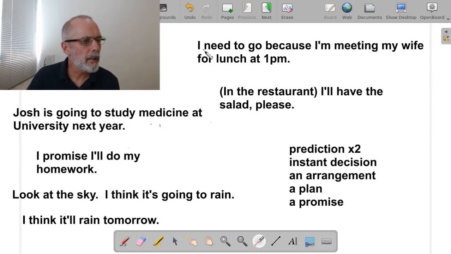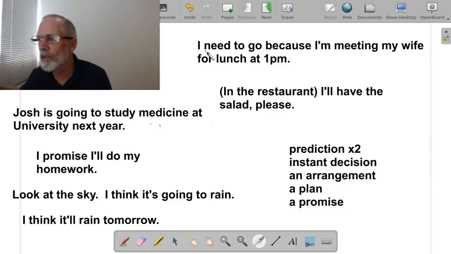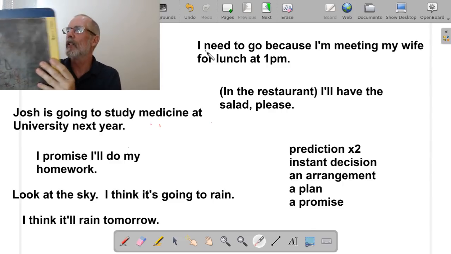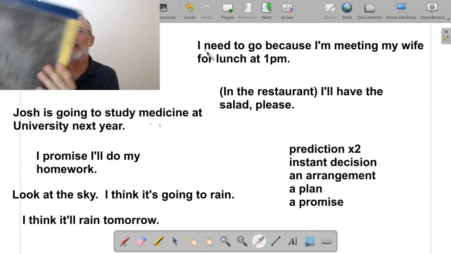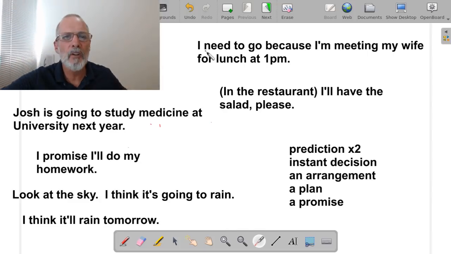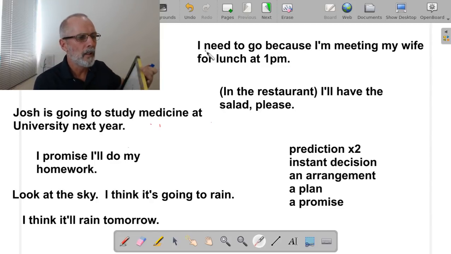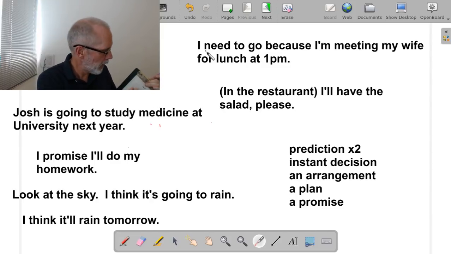So this one, let's begin with this one here. Yes, Sandra, remember the rule in this class. Does everybody remember the rule in this class? The rule in this class, because this level is intermediate level: no Spanish.